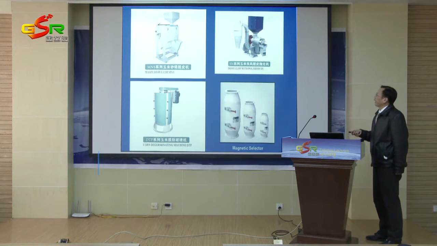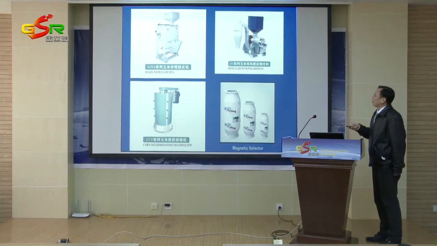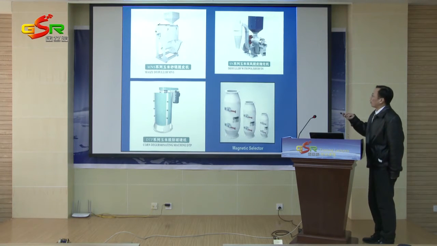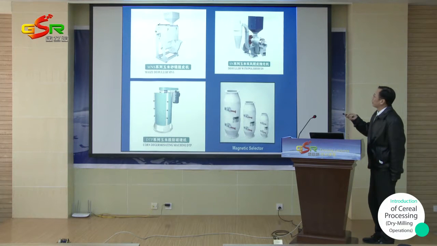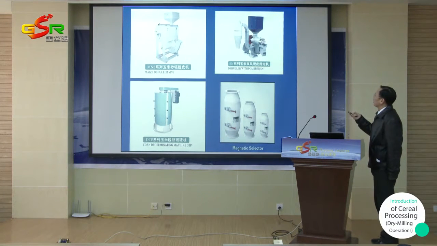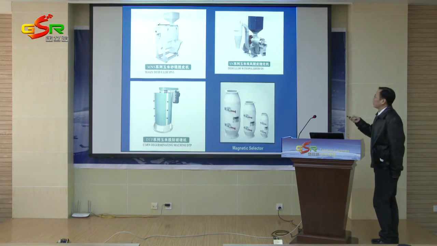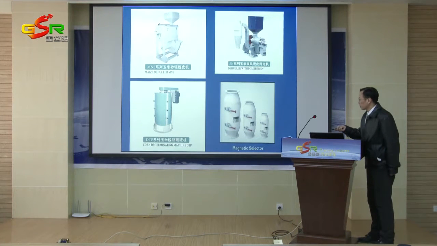And this picture shows the different machines for dehulling. This is the emery dehuller. This is the polishing dehuller with the polisher. And this is a degerminator, and this is the magnetic separator.